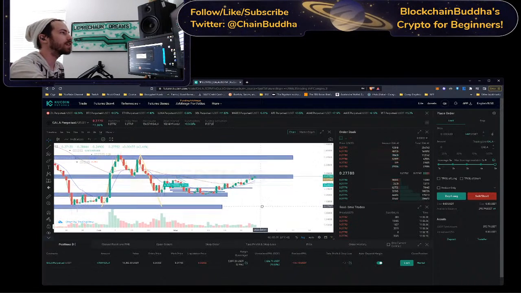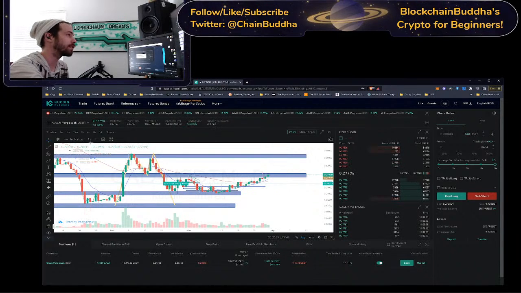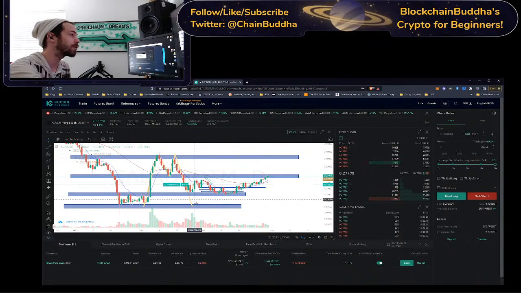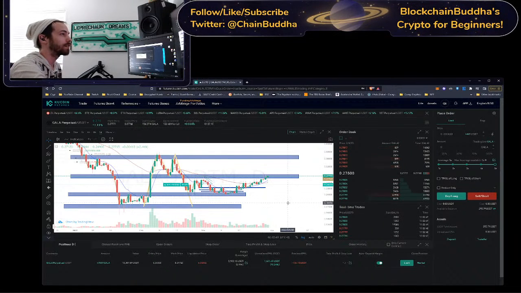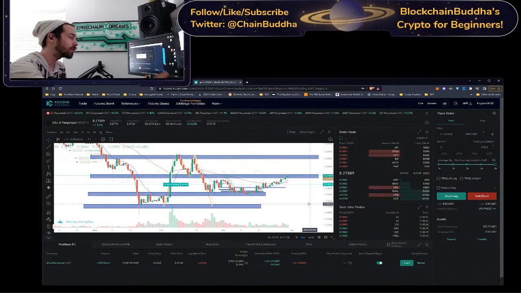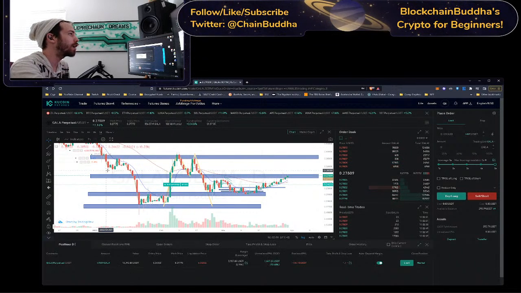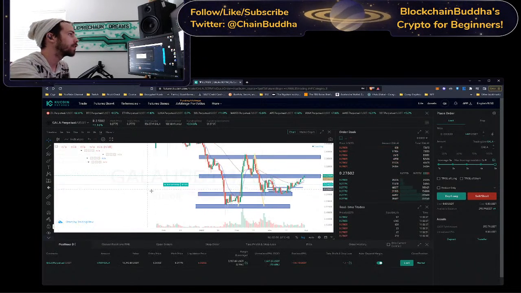Once you've marked up your key support and resistance zones on the 1 day time frame, as you see here, price interacts with these support and resistance zones fairly often. And how can you tell what a support resistance zone is? Like I said, you'll see price bounce off of these areas quite often.